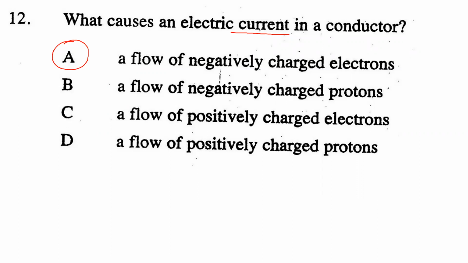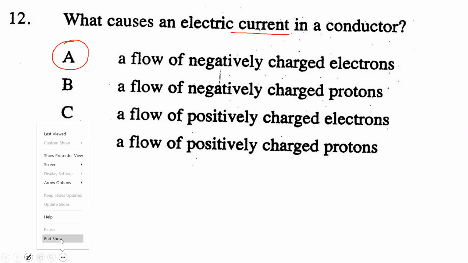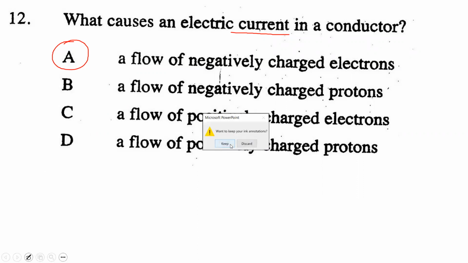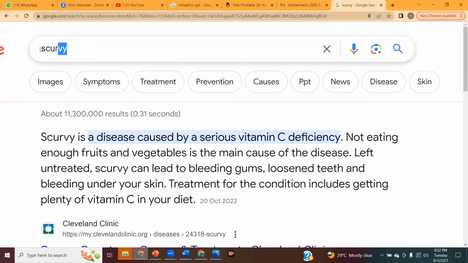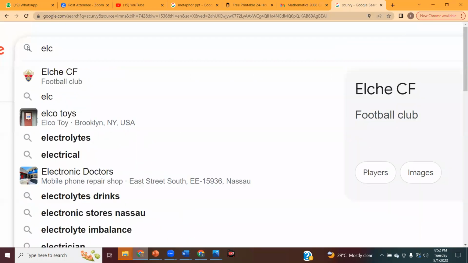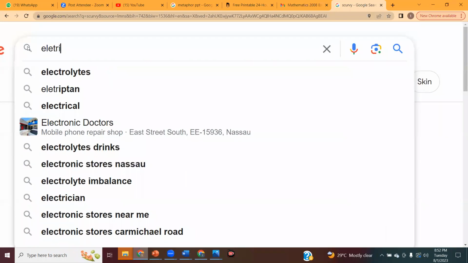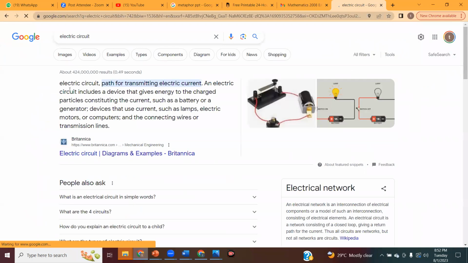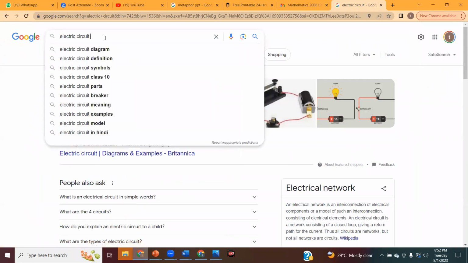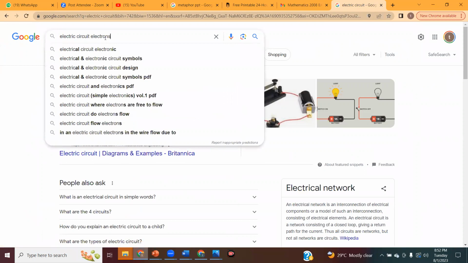You want electricity to happen, right? Okay, so if you want electricity to happen, you need electrons to be flowing. So let me show you something. If you have an electric circuit, let me put electrons flowing so you can see.